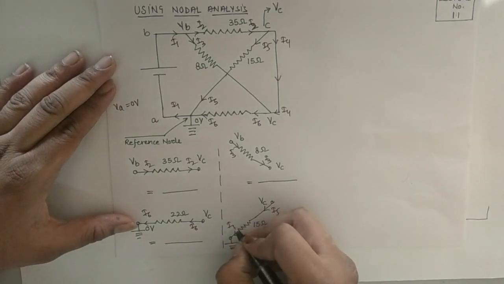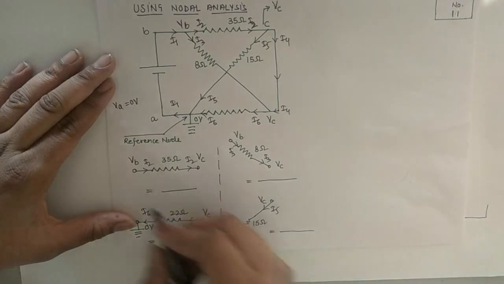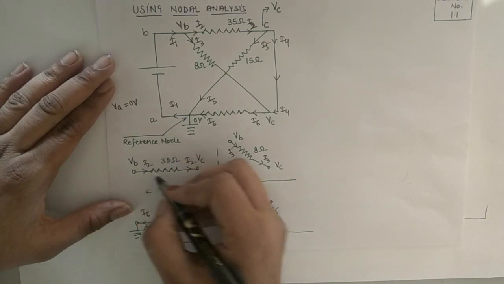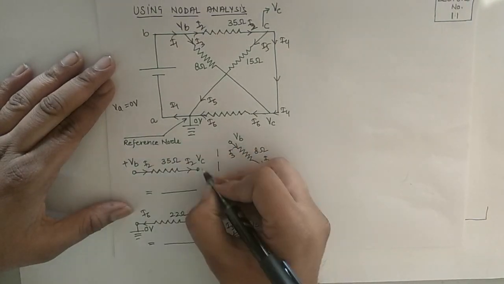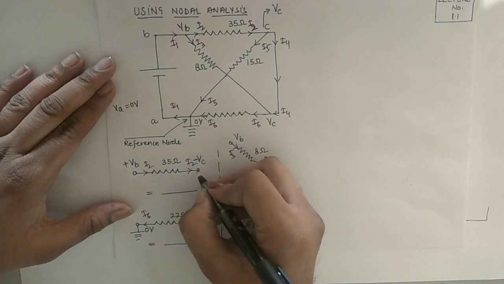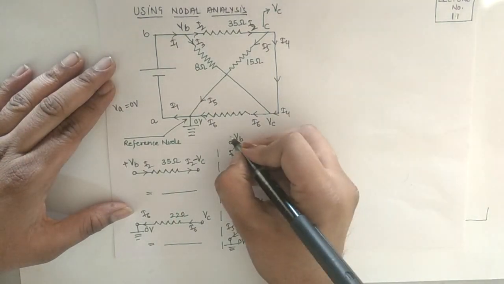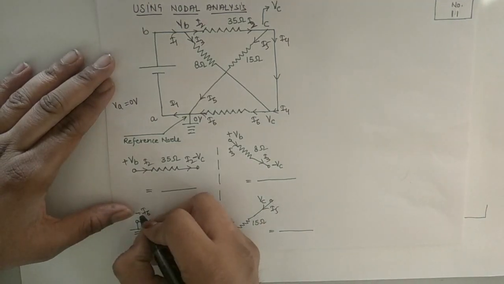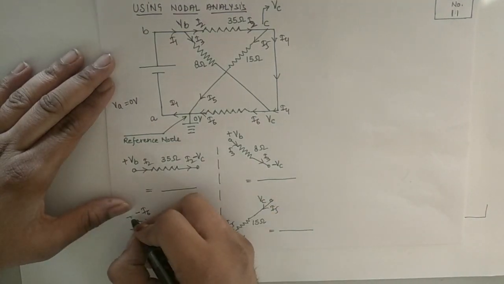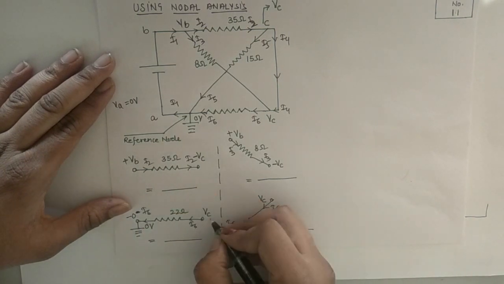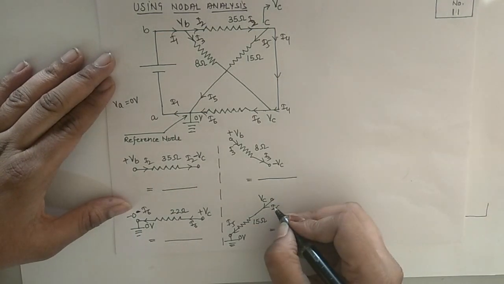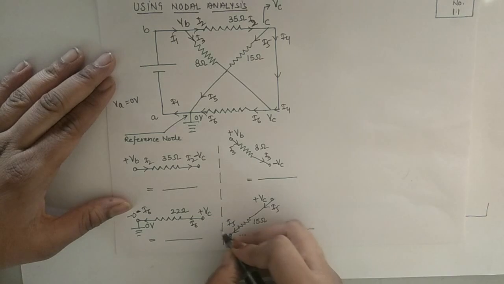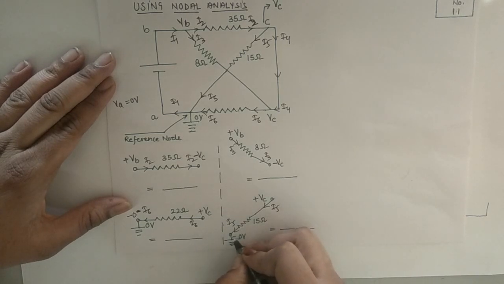We start from higher potential, current is supplied by these nodes. So this is plus, this is minus because the current is entering that node. Similarly this is plus, this is minus. Similarly this is minus of 0, and here this is plus of V. Similarly this is plus and this is minus of 0.